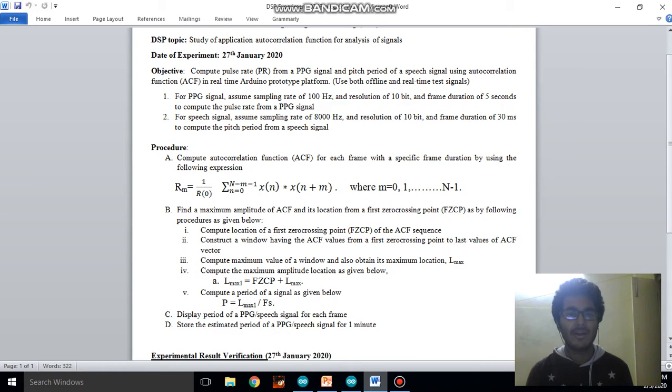If we find the first zero crossing point, then we can easily find the second maximum, and the distance from the 0 point to the point at which the maximum value exists is the period. If we find that value we can find the pulse rate.